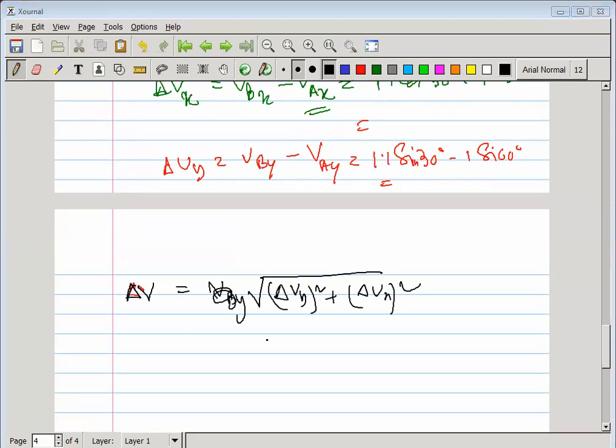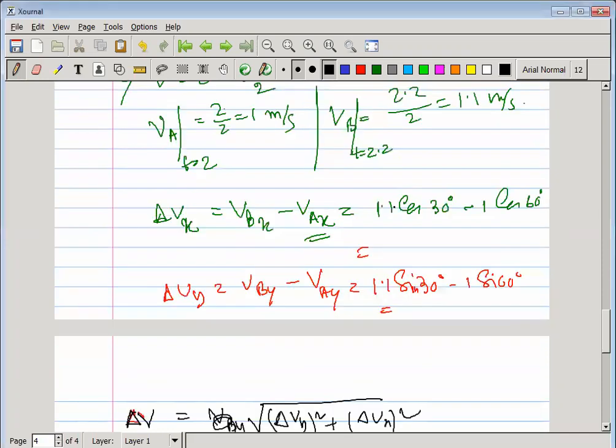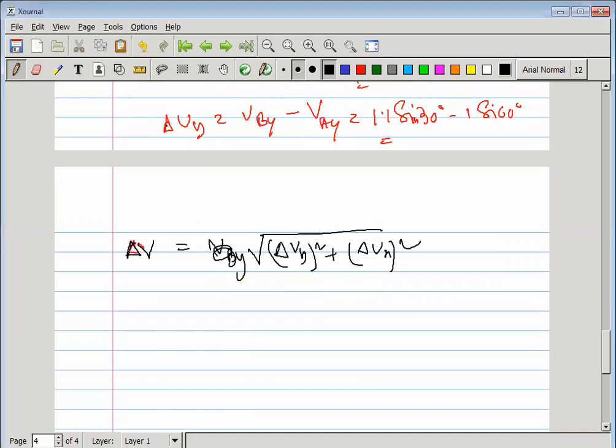The values are 1.1 cos 30 minus 1 cos 60, and 1.1 sin 30 minus 1 sin 60. Solve this, take the square of both, and then the root of that. How much will it come?